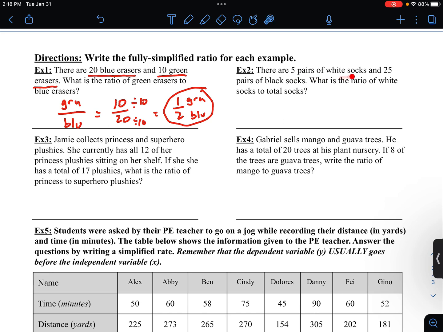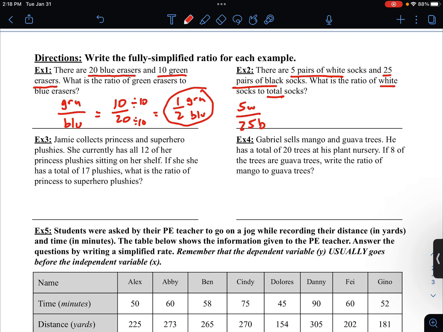There are 5 pairs of white socks and 25 pairs of black socks. What is the ratio of white socks to total socks? So they give us a ratio. They give us 5 white. I'm just going to use W for white, and they say 25 black.